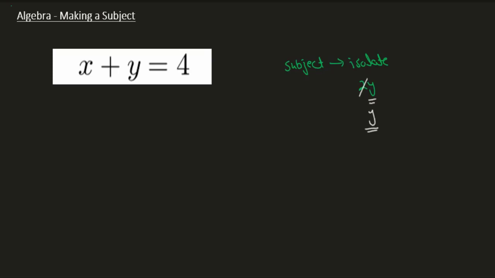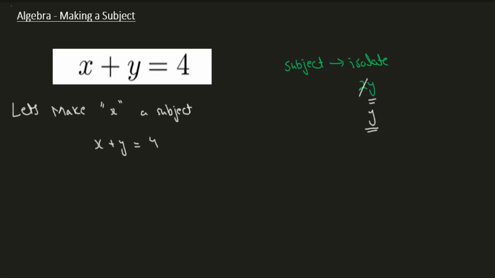Okay, so let's just take an example: right here, x plus y is equal to 4. Let's make x a subject. So x plus y is equal to 4. This is the question, and I have to make x a subject.